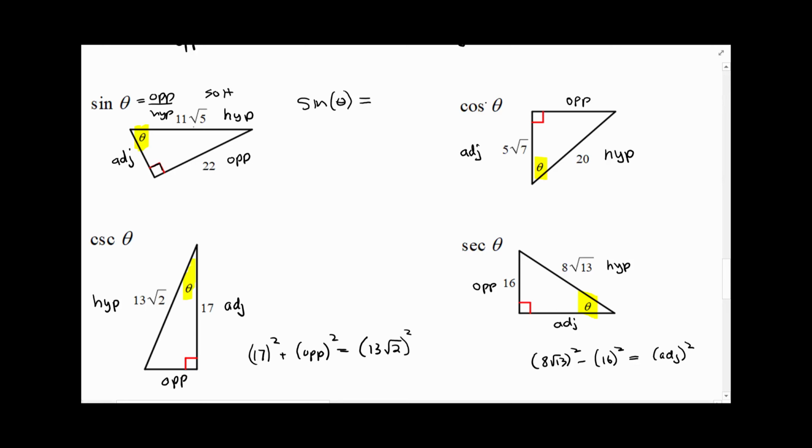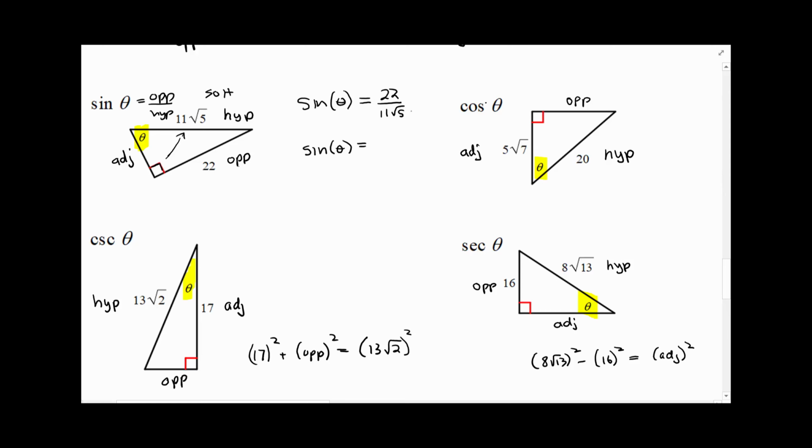Smartest thing is to label the hypotenuse always across from the right angle, and then from the viewpoint of the theta, always label the opposite. Well, here we have our opposite side. That's 22 over the hypotenuse, which is 11 root 5. And then you're going to have to simplify, and that's always the case. If you can simplify, you must.